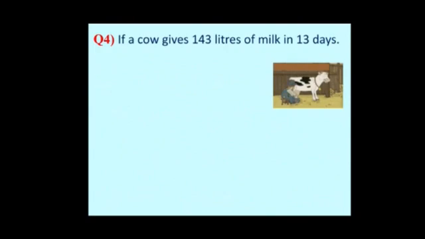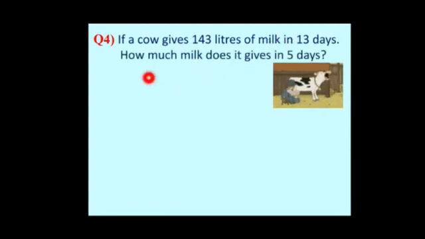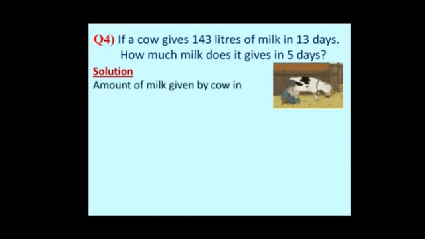Now question number 4. If a cow gives 143 liters of milk in 13 days, right? So how much milk does it give in 5 days? So again what to do? We will again apply the unitary method. So we know that the amount of milk given by a cow in 13 days is equal to 143 liters.